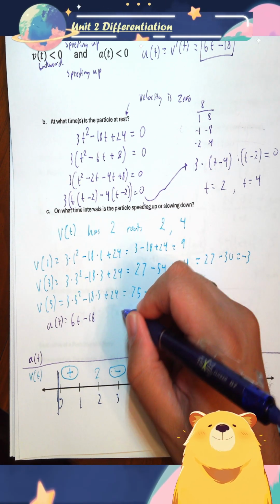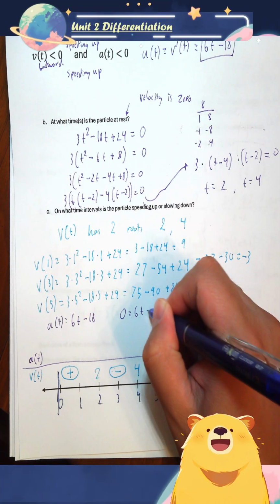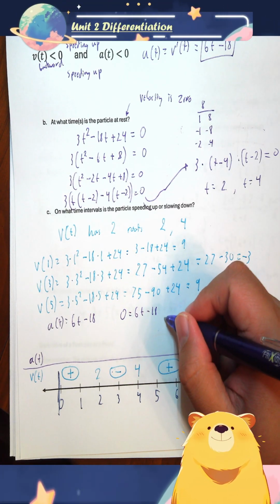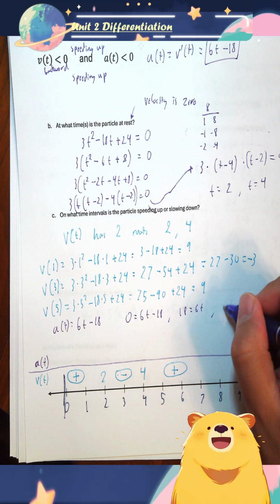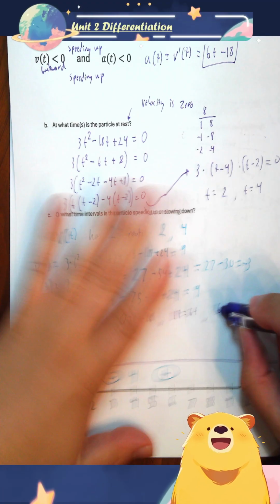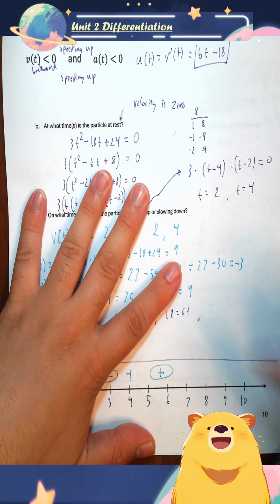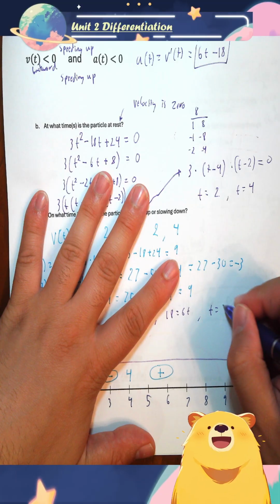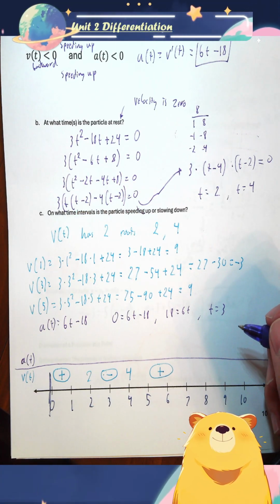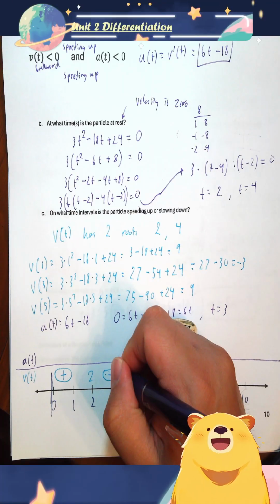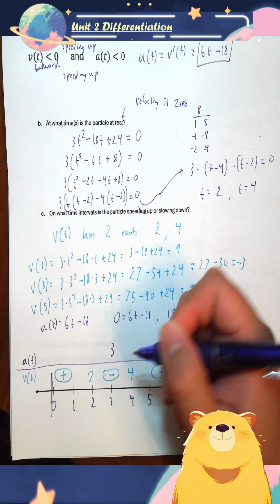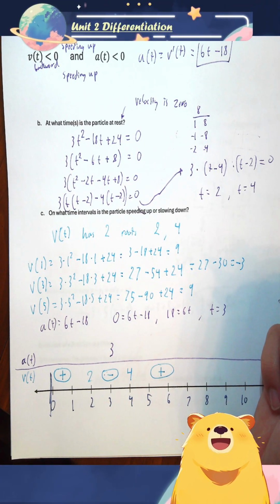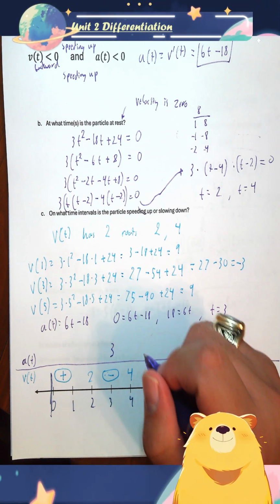We have 0 is equal to 6t minus 18. That gives us 18 is equal to 6t. And that gives us, so I was going to say 6 is equal to 3, t is equal to 3. So that means at 3 is the only chance it has to switch from positive to negative.